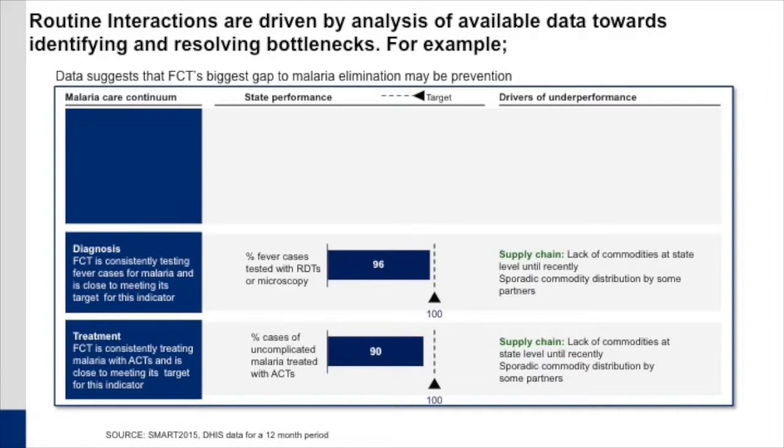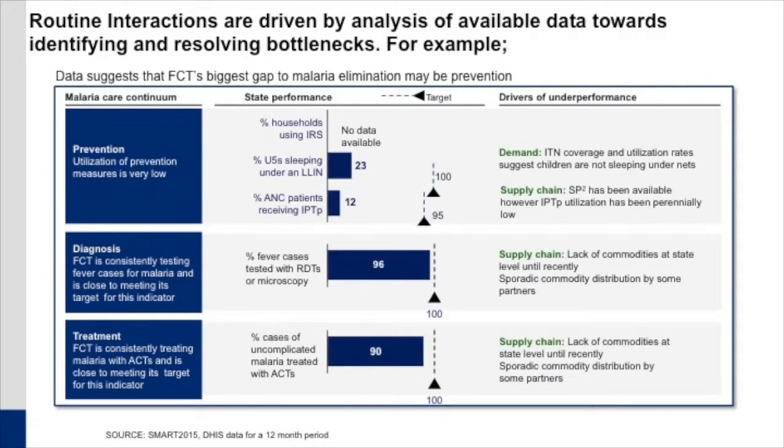The third slide looks at some more analysis in detail. The level of analysis you would need to perform depends on the fundamental issue you're trying to address. Here, it was more of a bottleneck analysis. We found that Nigeria was able to test 95% of fever cases with microscopy or rapid diagnostic tests. In terms of treatment, we were able to treat 90% of uncomplicated cases. However, with regards to prevention, it was a different story. Utilization of preventive measures was very low.